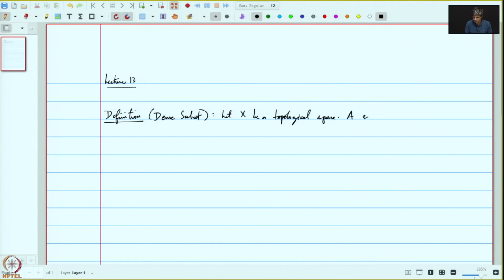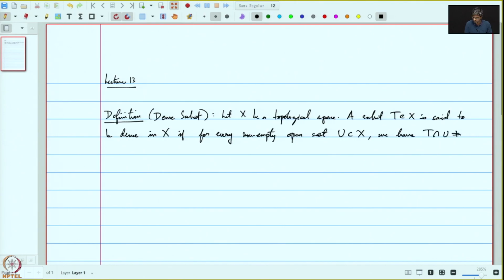A subset T contained in X is said to be dense in X if for every non-empty open set U contained in X, we have T intersection U is non-empty.